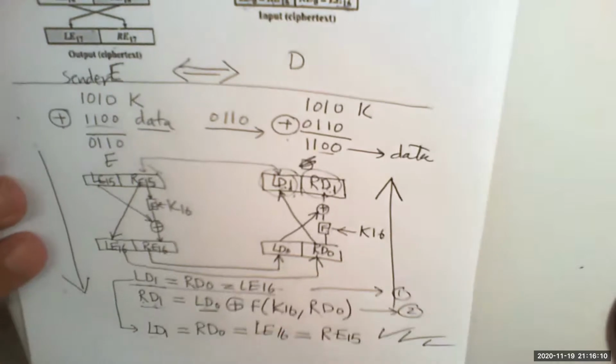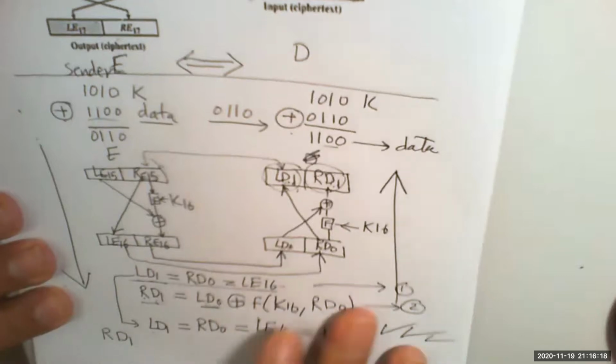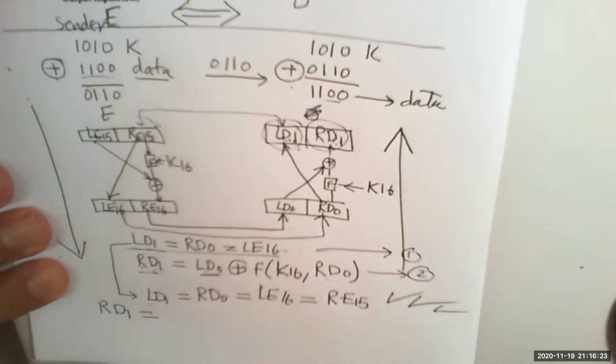What about RD1? What about RD1? RD1 is equal to what? RD1, as I told you, is LD0 XOR F of K16 and RD0.